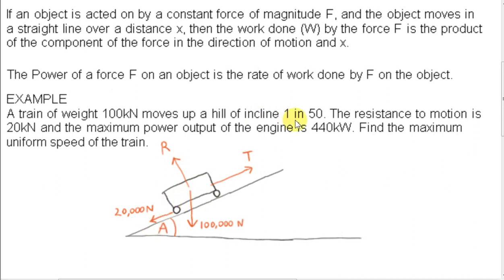Now an incline of 1 in 50 means that the sine of this angle A is 1 over 50. So for every 50 meters we go along the track, we have gone up a distance of 1 meter.